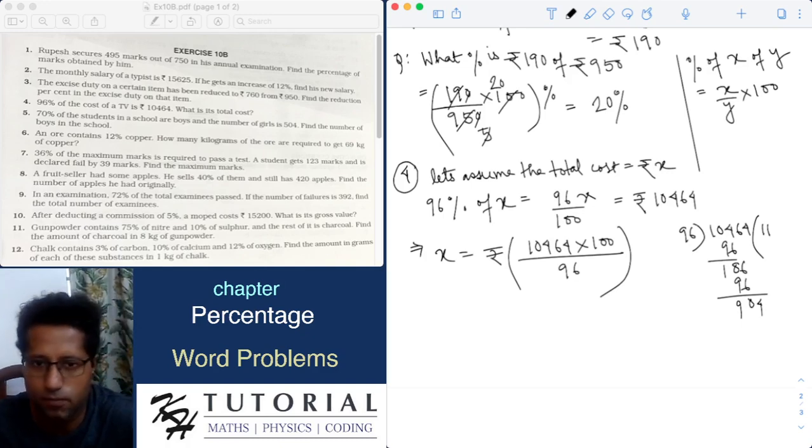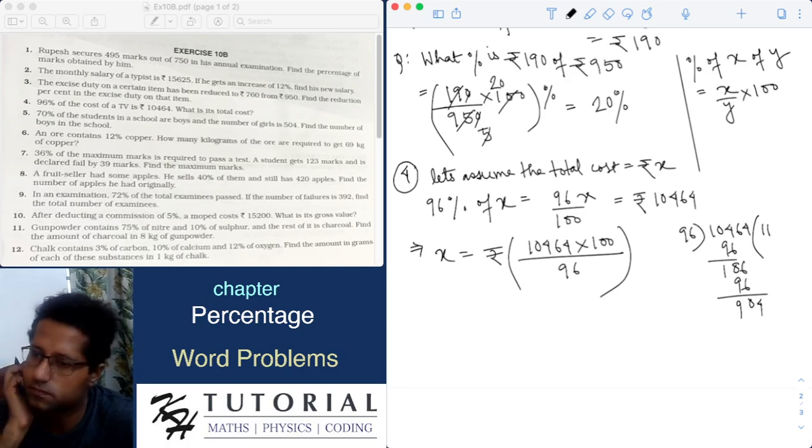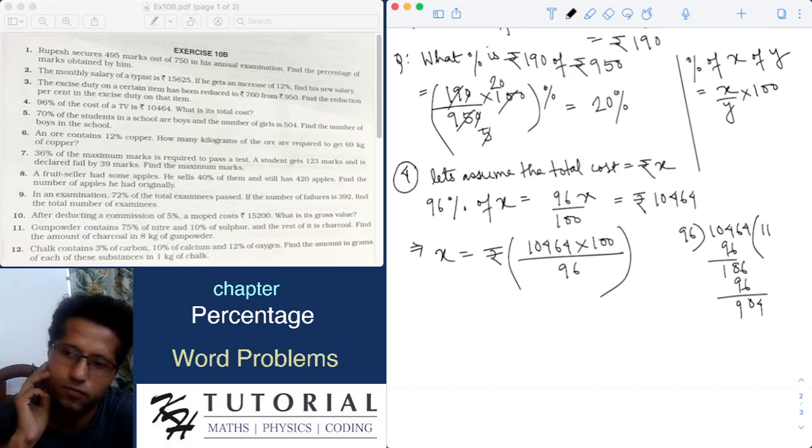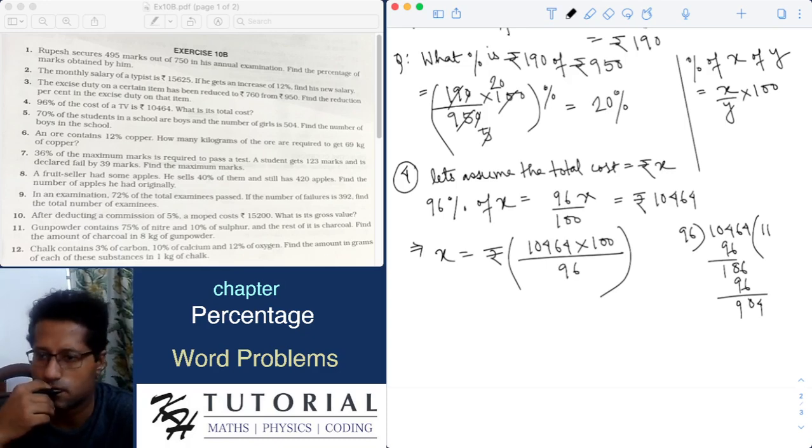It is not dividing properly. 10464. Okay, so 96 8 10 1 186 96 0 9 904 54 9.